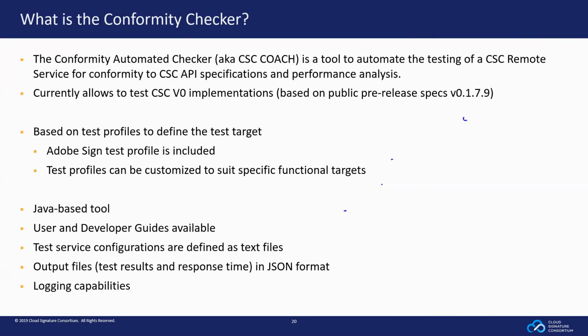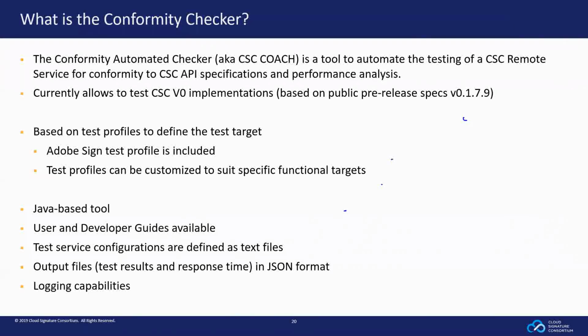The test service configuration, which means all the configuration for, say, the username and password for users, or the OAuth client ID and client secret parameters, are defined as text files, so they can easily be configured up front.